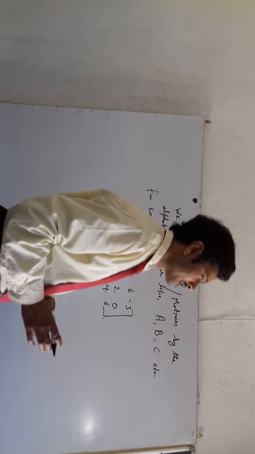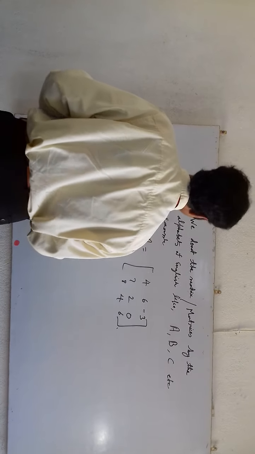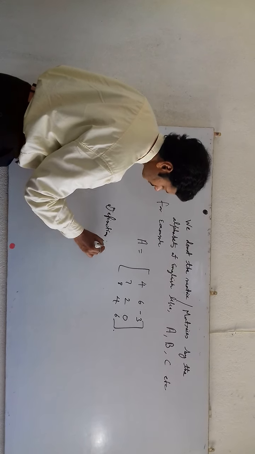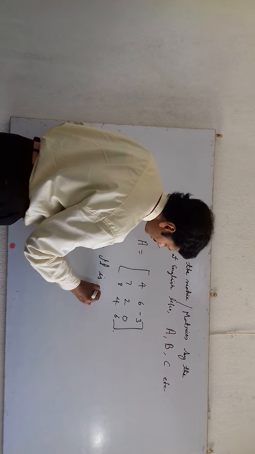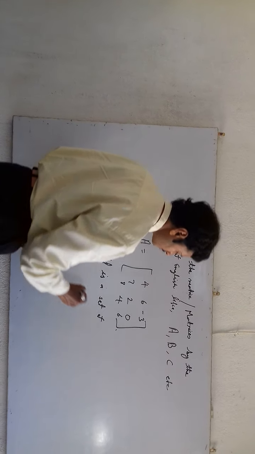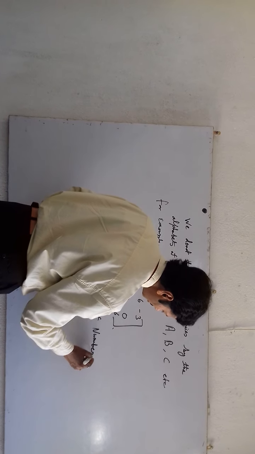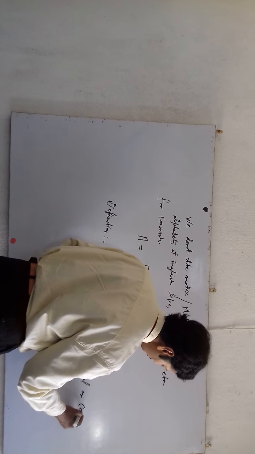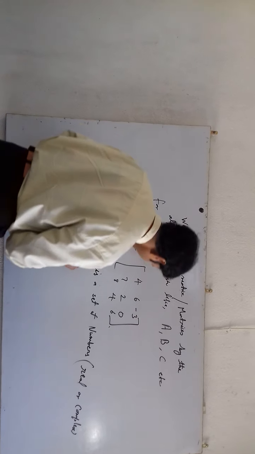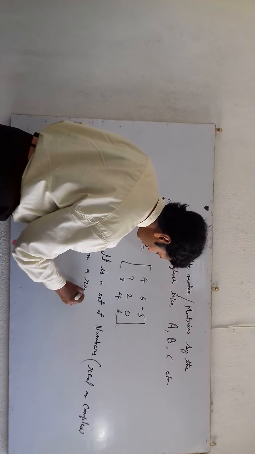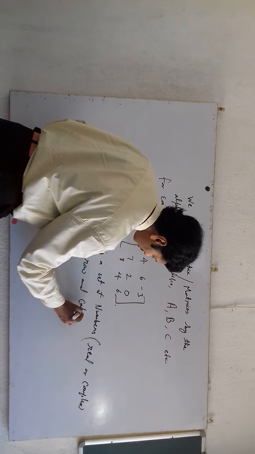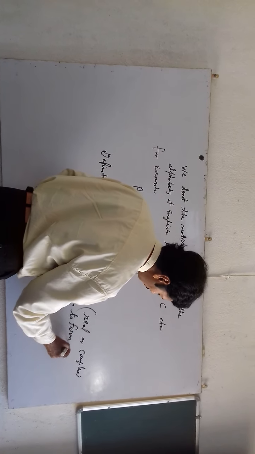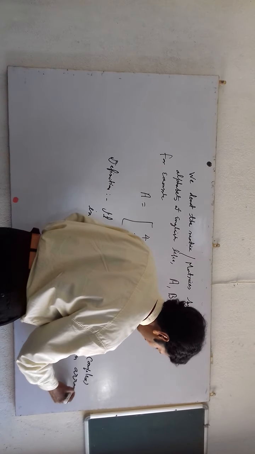So, we can simply write the definition of the matrix as a set of numbers, either real or complex, in rows and columns, so as to form an array.